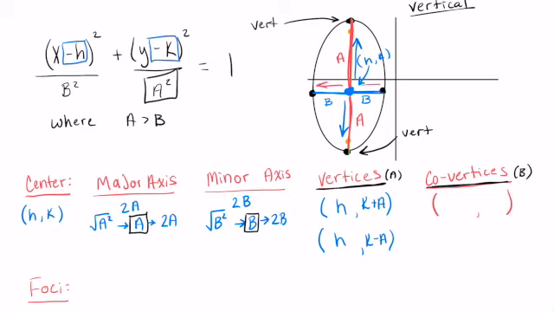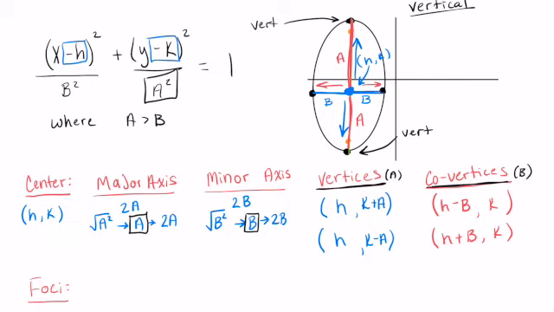Moving left and right, which means I'm changing my H value. I subtract B and keep K the same, and I add B and keep K the same. So co-vertices are always with the minor axis and always utilized with B. My vertices are always with my major axis and always utilized with A.